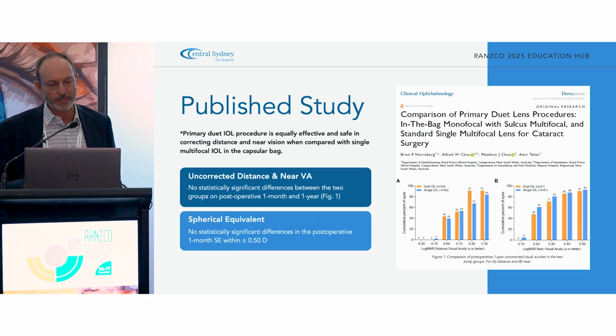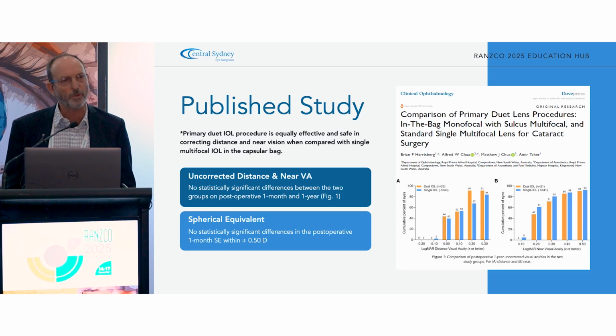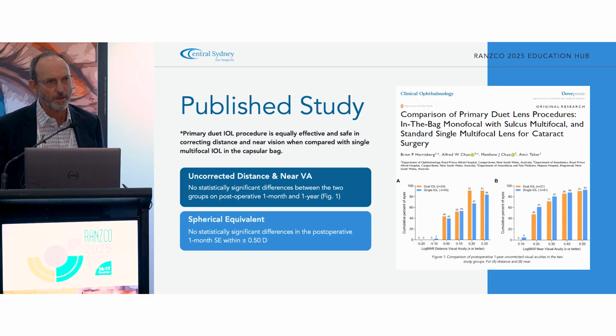So I did a study comparing a dual lens situation in those patients who might have been borderline for Liberty or weren't quite sure, should I really have this opportunity of the multifocal? So instead of losing that opportunity, I said, well, we can have a reversible option. We compared this to the Liberty in the bag versus the multifocal add-on outside, and there was literally no change in data.